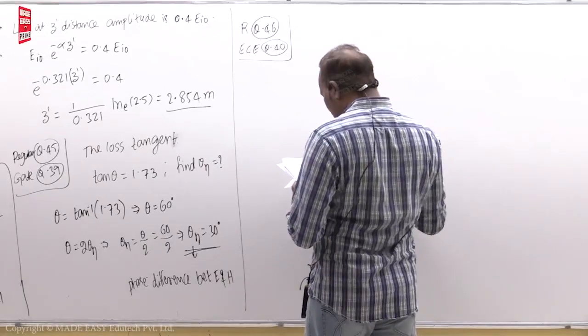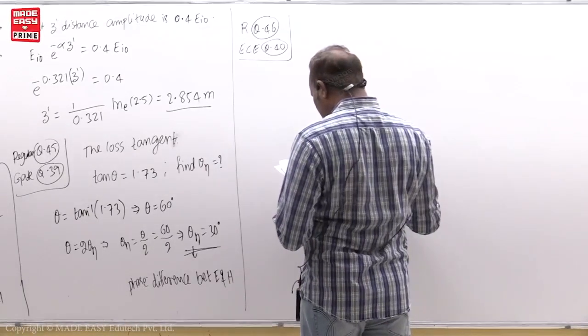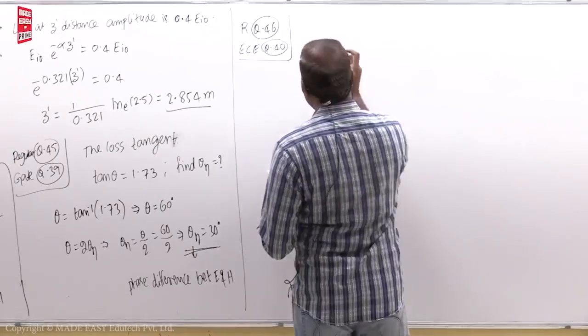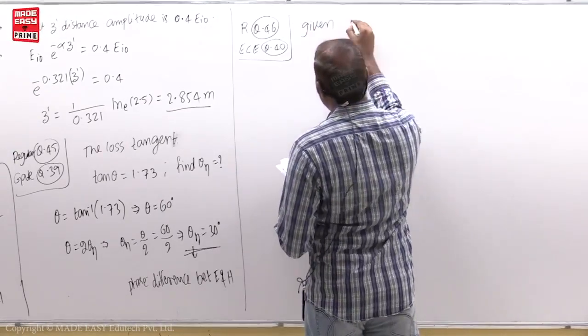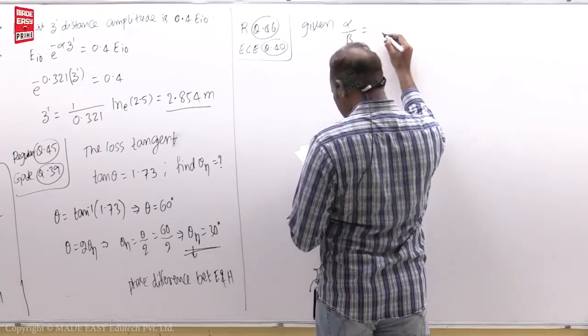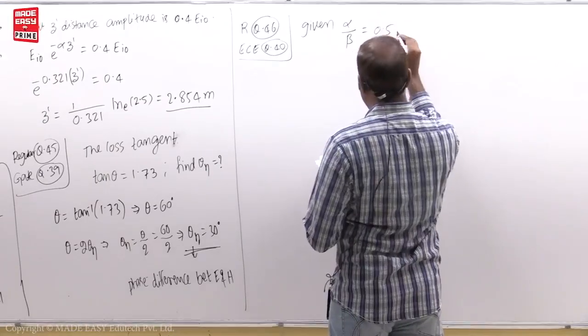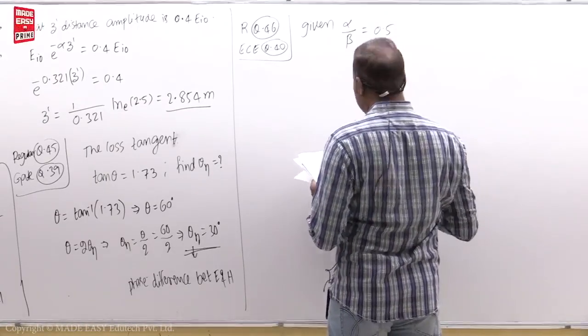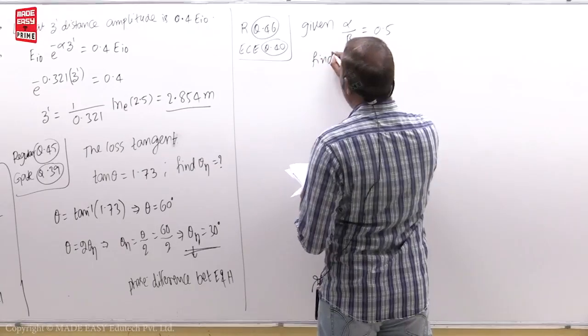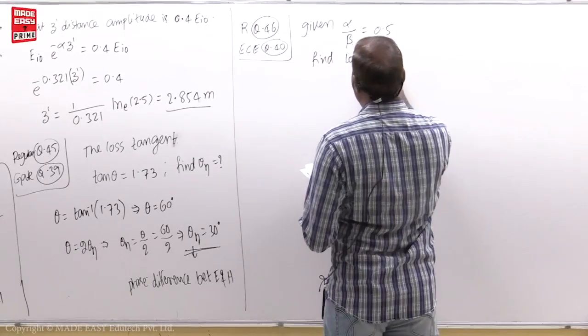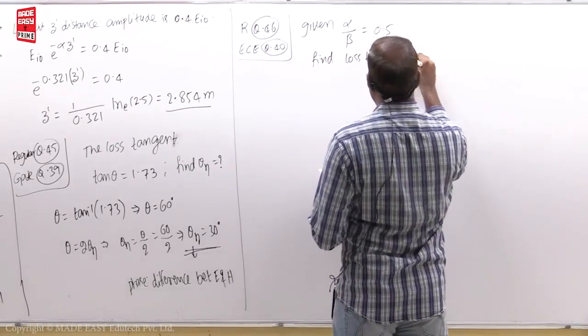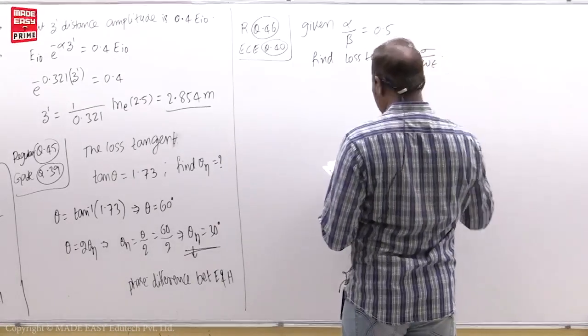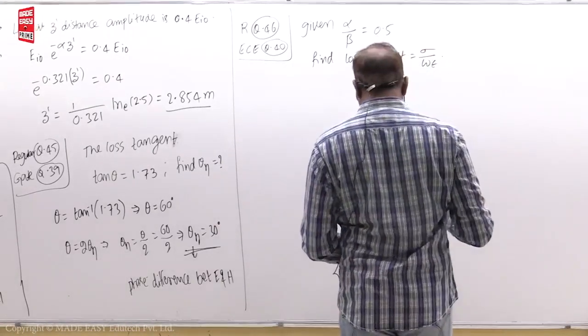The ratio of attenuation constant to phase shift constant of the material is given as 0.5. Calculate the loss tangent. Find the loss tangent, that is sigma by omega epsilon. That is the question actually.